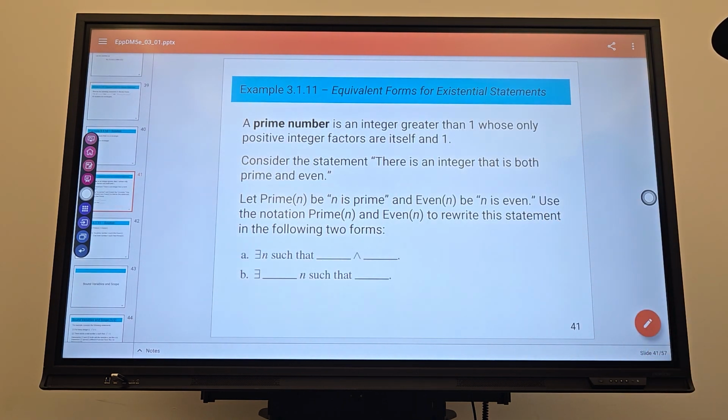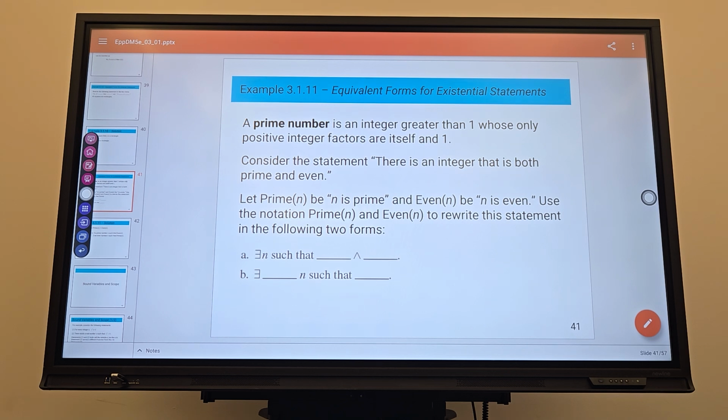Equivalent forms. Okay, we all know what a prime number is. Consider the statement, there's an integer that is both prime and even. Let prime(n) be n is prime and even(n) be n is even. Use the notation prime(n) and even(n) to rewrite this statement in the two following forms.